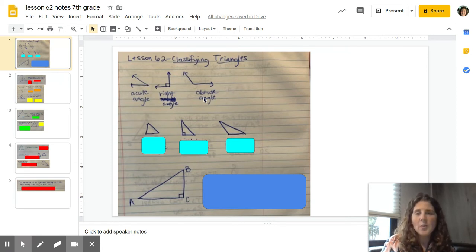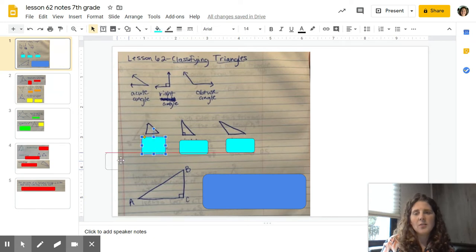Naming triangles is very similar. If you've got a triangle where every single one of the angles is acute, it's called an acute triangle. If you have a right angle, of which you're only going to have one, that is called a right triangle.